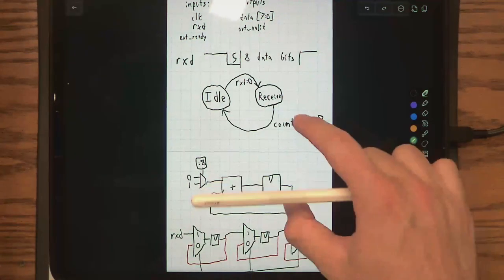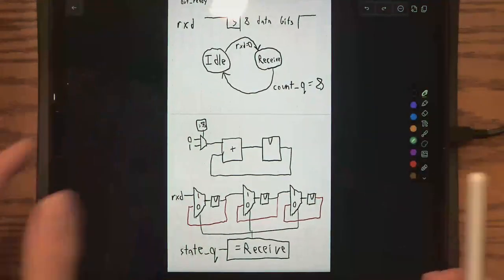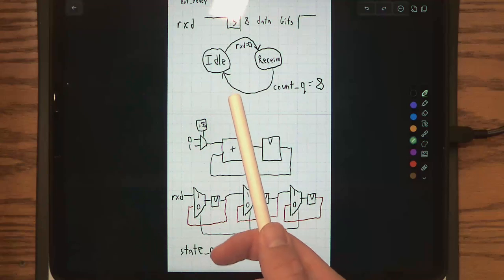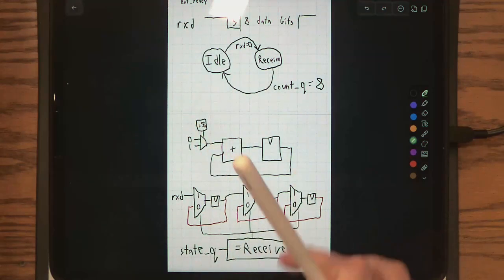Okay, so instead of just moving straight to idle after receive, maybe we should check this out ready.